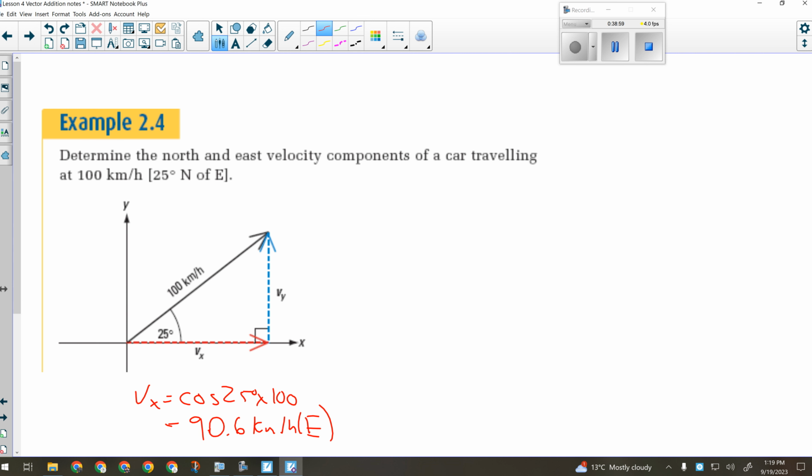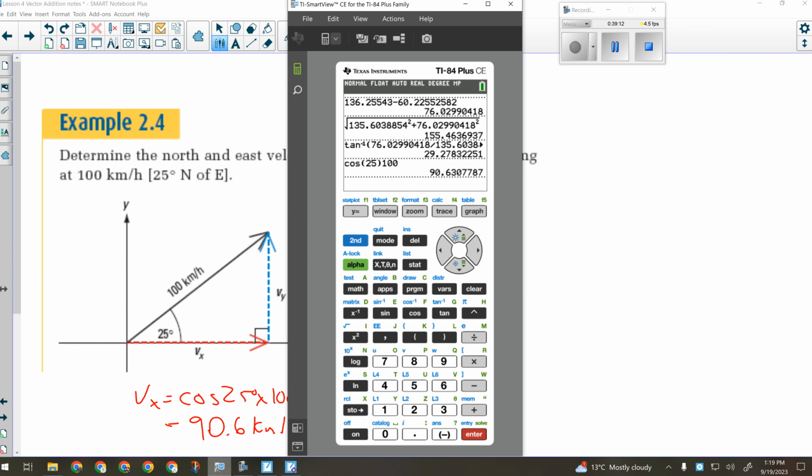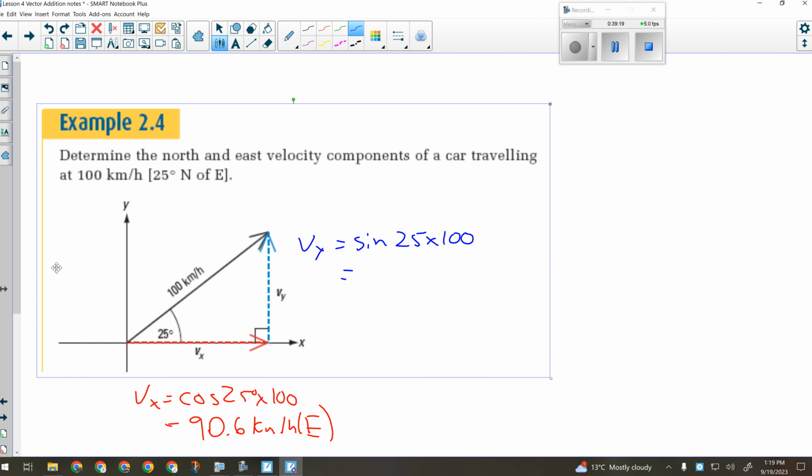All right, and then to get Vy, I would use sine, because it's the opposite side. So sine of 25 times the hypotenuse, 100 kilometers per hour. And so 42.3. Oh, wait, we only have 2 significant digits. 42 kilometers per hour north, and this would be 91 instead.